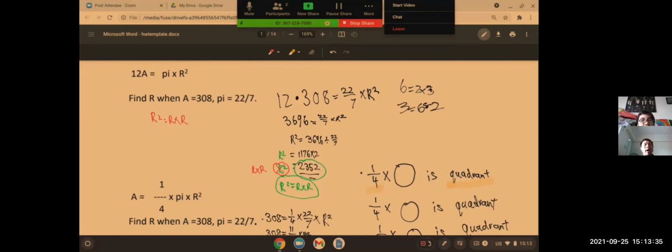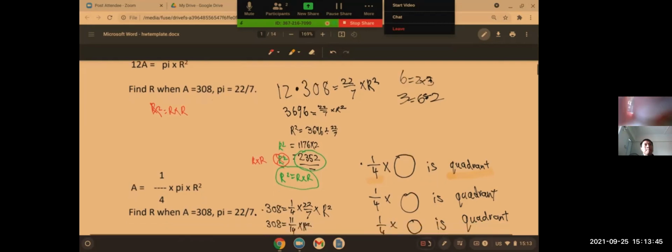Why you show me R squared? You already replaced the R squared with what? I don't want to see R squared already because you already crossed out the R squared. So R times R is equal to what? Write it down on the left.